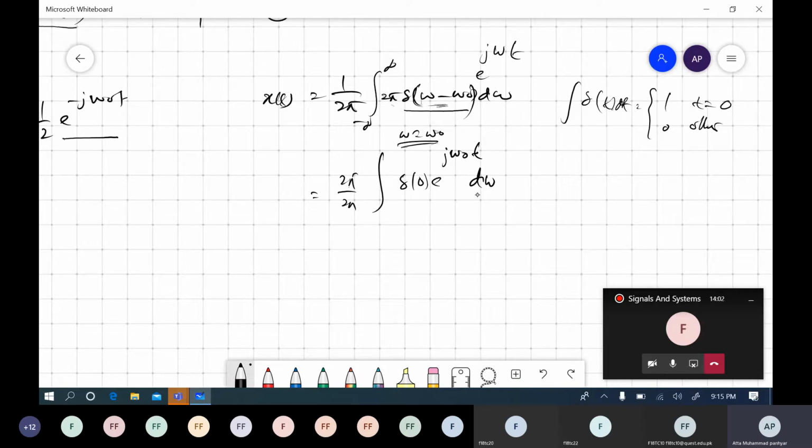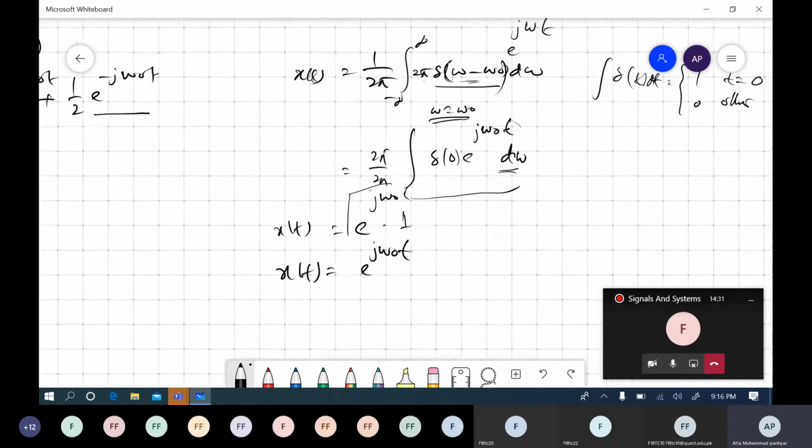Now we are integrating with respect to omega, so this term must be considered a multiplication factor. So it would be taken outside, e to the power j omega naught t times this whole integral, which would be 1, right? So x of t for a periodic signal is e to the power j omega naught t.